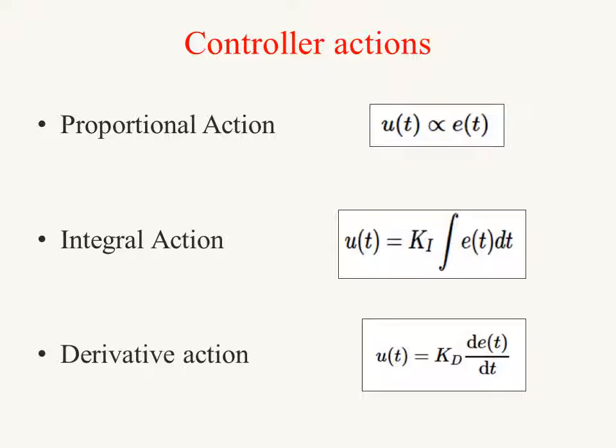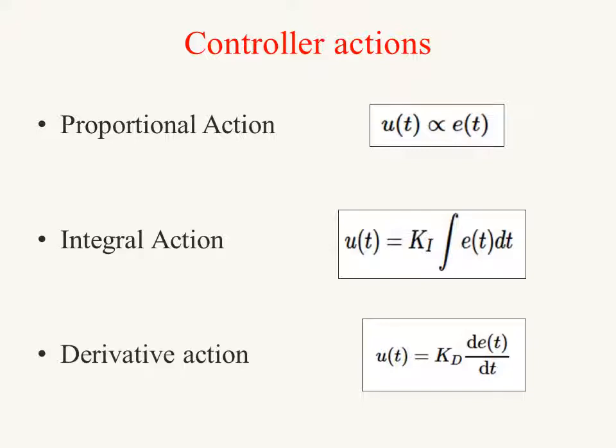For P, the proportional controller output is proportional to the error. Here is the integral action, with integral time or integral constant, so the controller output is the integral of the error. In the derivative, the controller output is proportional to the rate of change of error.